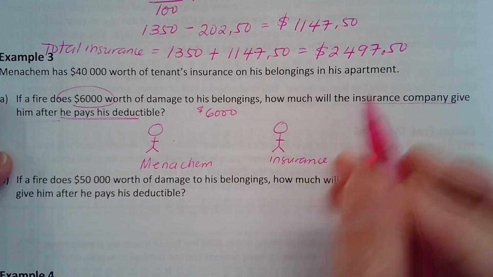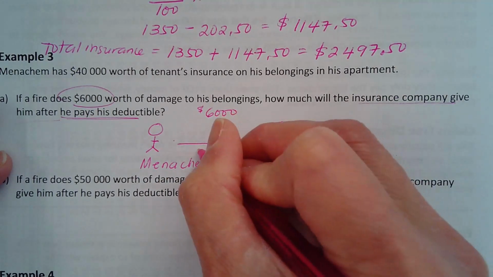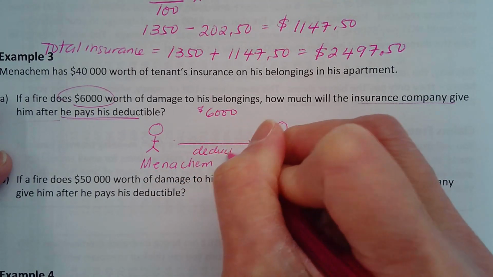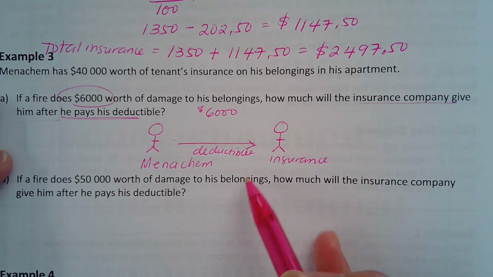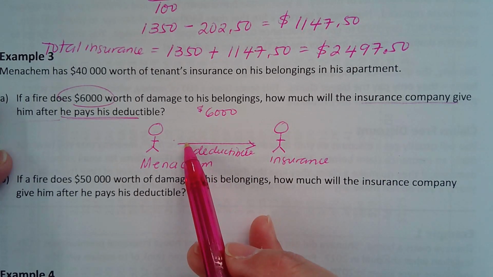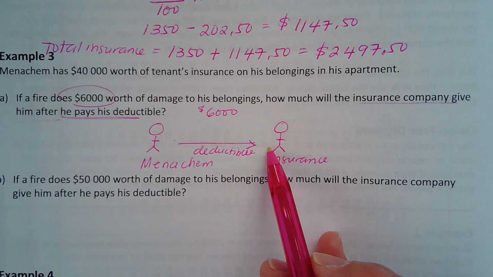Manicum gives the insurance the deductible. So that's how much? Whatever, 500, it could be 200.